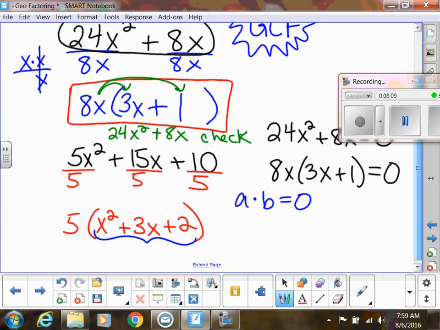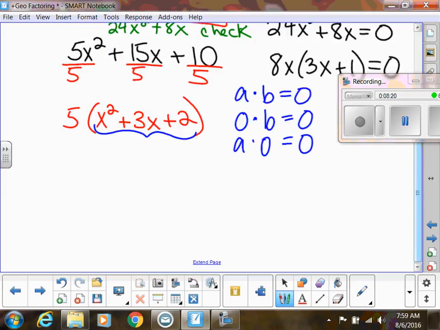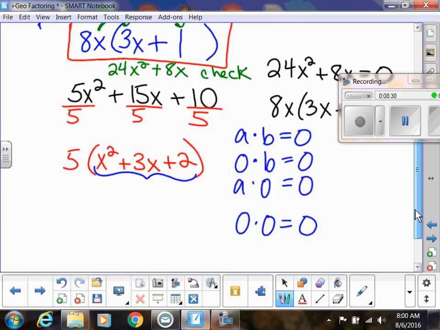Well, I know that at least a has to be 0, so I would either have a times b is equal to 0, or I would have a times 0 is equal to 0, or I could have both of them equal to 0, right? 0 times 0 is equal to 0. But the zero product property says at least one of them has to be 0, if not both.